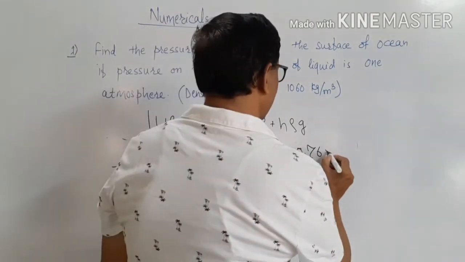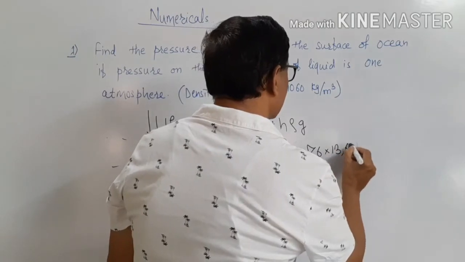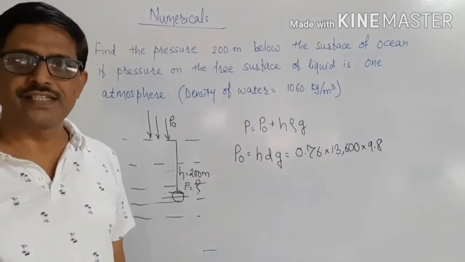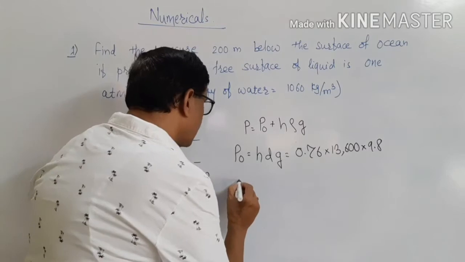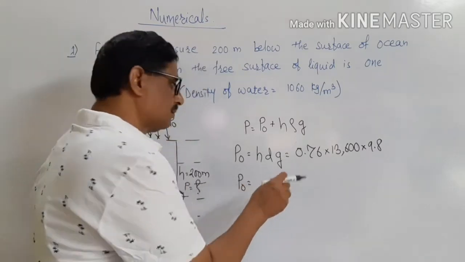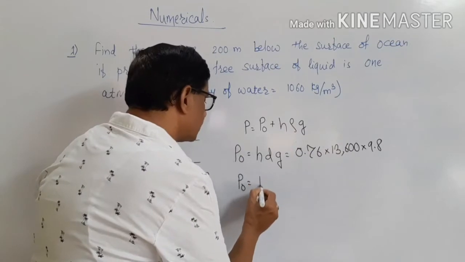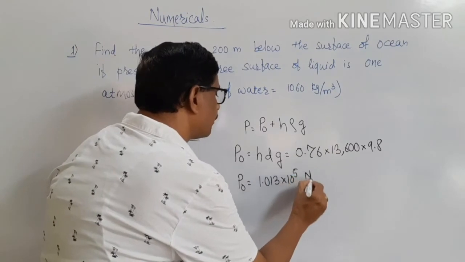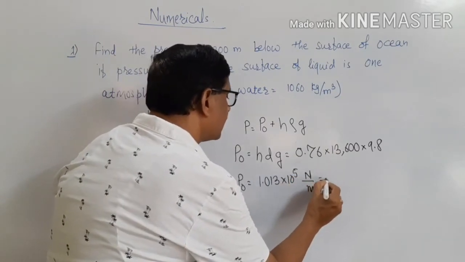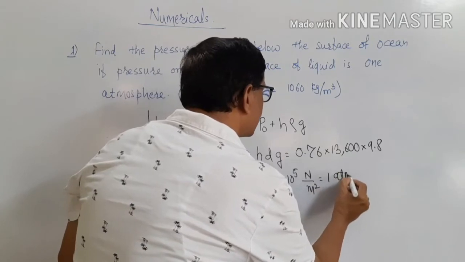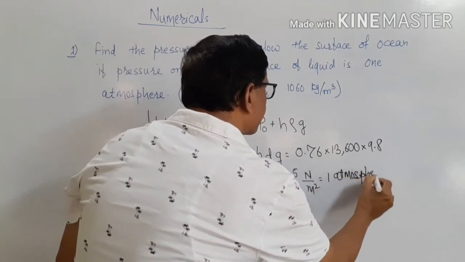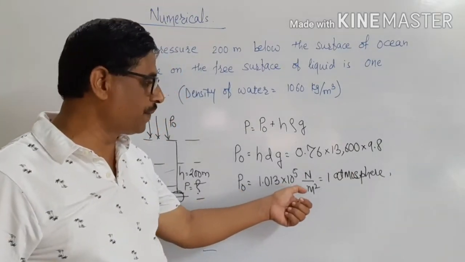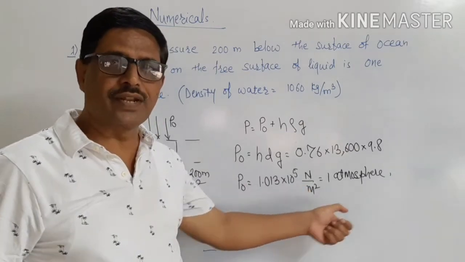The density of mercury is 13,600 into acceleration due to gravity 9.8 meter per second square. Therefore, hereafter you have to remember these figures and the product of this one, it is 1.013 into 10 to the power of 5 Newton per meter square, and this we call the 1 atmosphere. 1 atmosphere is 1.013 into 10 to the power of 5 Newton per meter square.